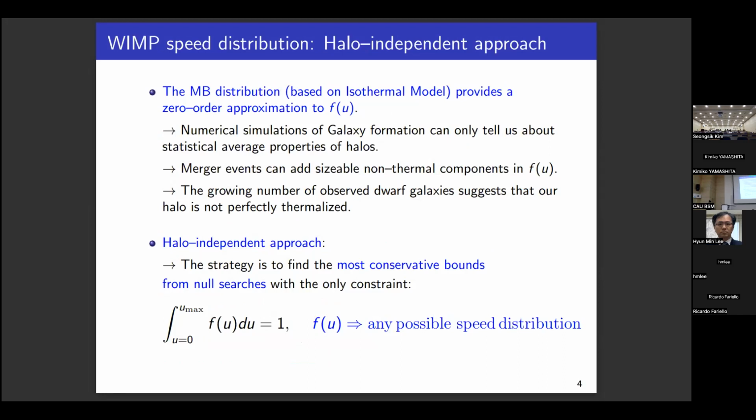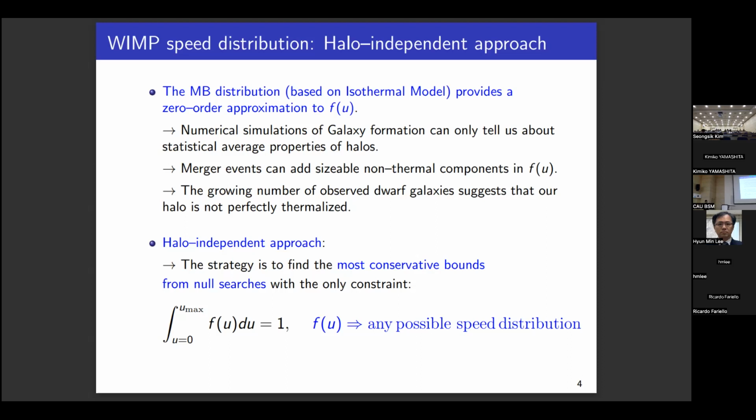This Maxwell-Boltzmann distribution is a zeroth-order approximation to the WIMP speed distribution in our halo. Numerical simulations of galaxy formation can only tell us about the statistical average properties of the dark matter halo. However, several merger events can add sizable non-thermal components to this speed distribution. Also, the growing number of observed dwarf galaxies in our Milky Way indicates that our halo may not be perfectly thermalized.